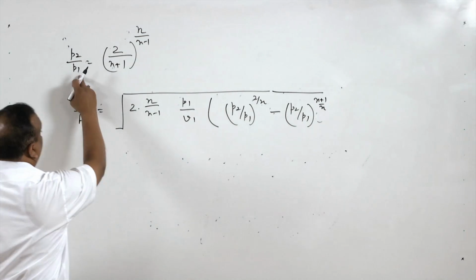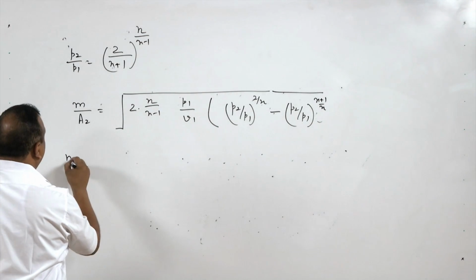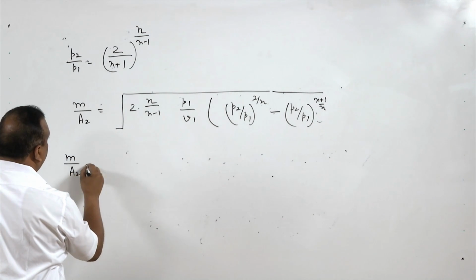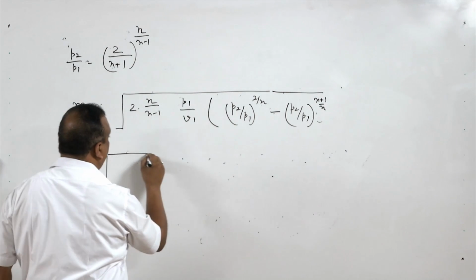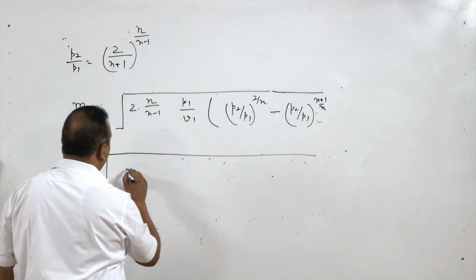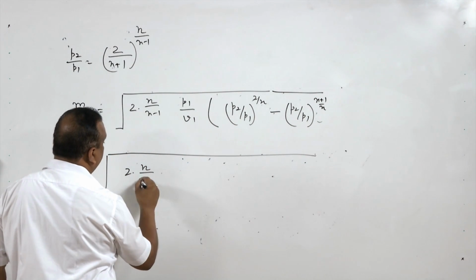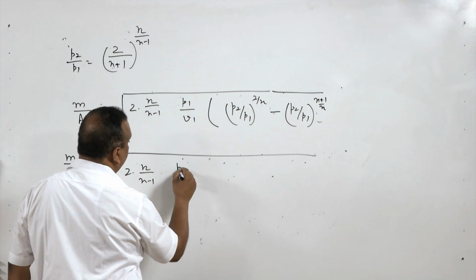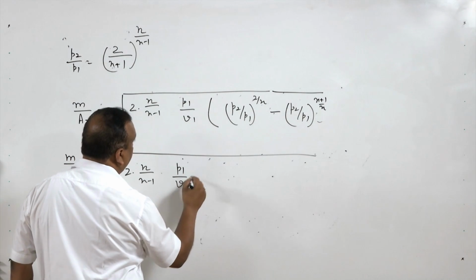Now, putting this P2 by P1 here, we will be getting m by A2 is equal to under root 2n over n minus 1 P1 by V1.